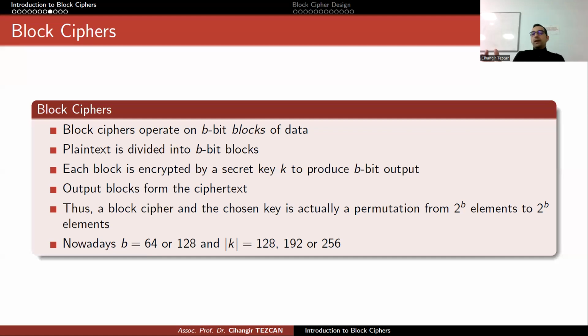This means that the attacker captures every possible ciphertext, and in the future, if they see the same ciphertext again, maybe they can understand what the plaintext is, and so on. So you have to update your secret key frequently if your block size is really small.